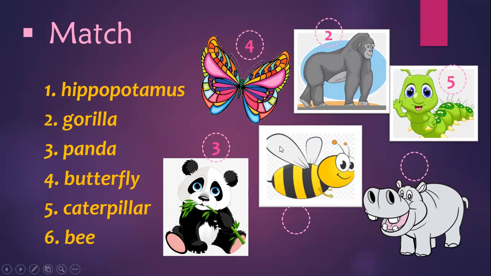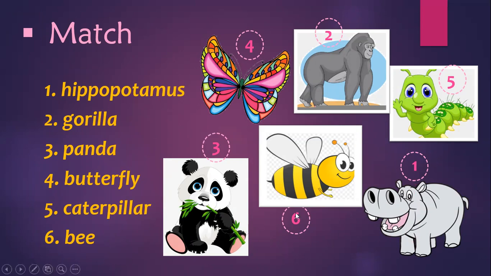It's a bee. So bee, what number? That's right, number 6. And finally, here we have this animal. It couldn't be a gorilla, not a panda, butterfly, caterpillar, no, and bee, no either. So here we have number 1, hippopotamus.